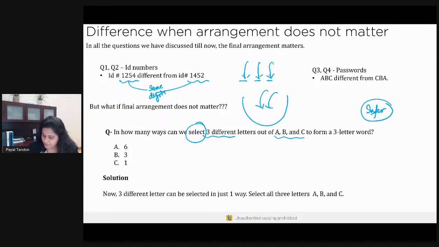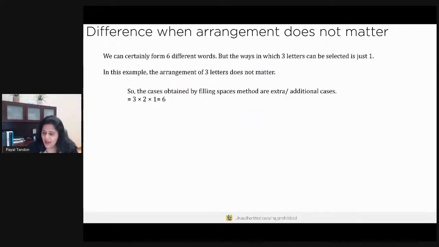Now, we can certainly, from those 3 letters, definitely form 6 different words. But the ways in which we can select those 3 letters is only one. So again, the arrangement of those 3 letters doesn't matter. So the cases that we would have gotten by doing the filling spaces method are the additional cases. Those cases we have to remove. We need to divide that.